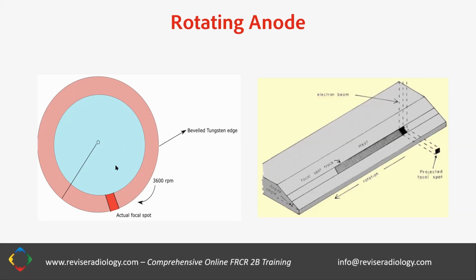The red line is the actual focal spot, where the electrons land and the X-rays are produced. But if you're doing a long exposure, electrons won't keep hitting that same spot because the disc is rotating. So the heat will be spread out over the entire disc, and there's more of a chance that the anode will make it. So this is a factor of X-ray tube design.